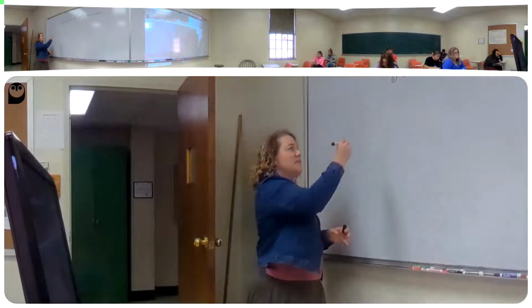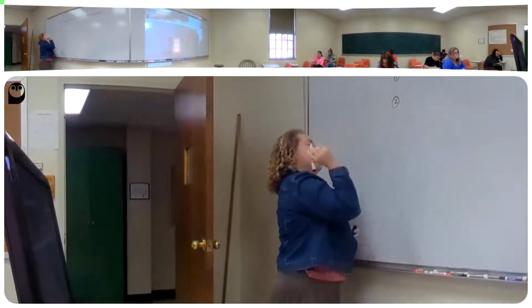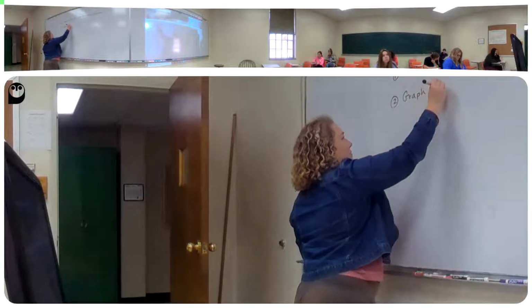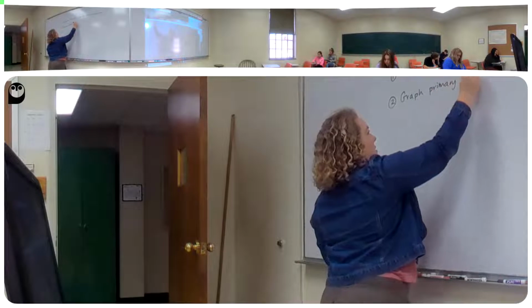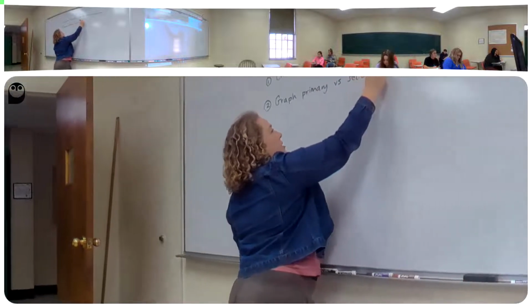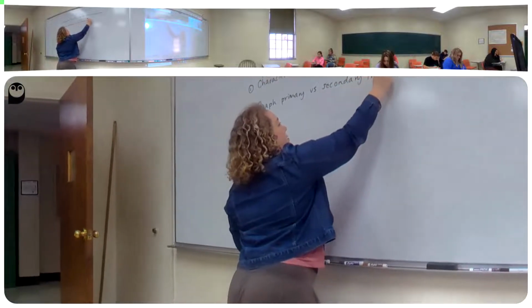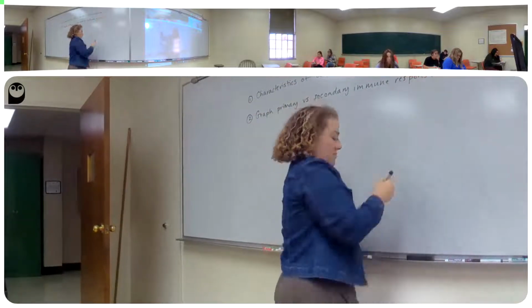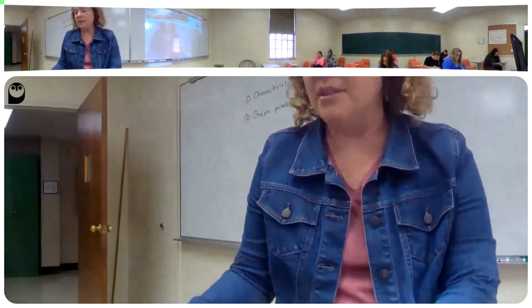So that's one big topic, and kind of rolled up with that is the graph about primary versus secondary immune response. And I'll put up a version of that. So on this test, that's the graph that you draw and label and then answer questions about.